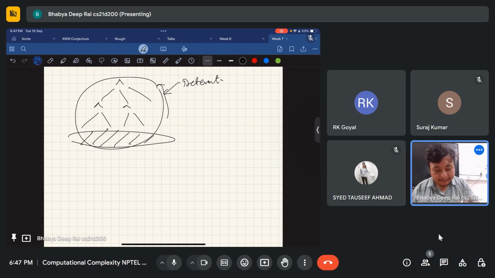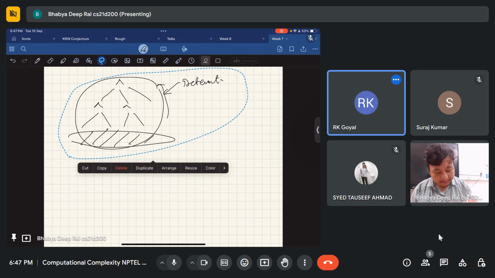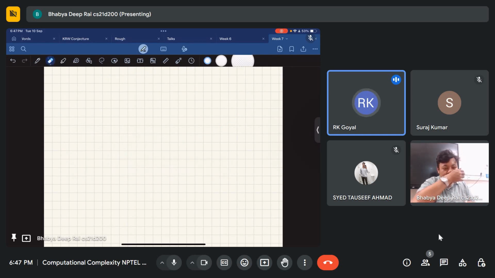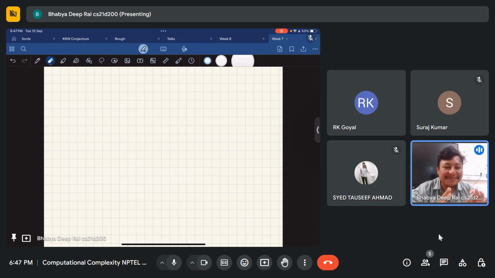Okay. Yes. But then I still could not understand how the circuitry is simulating non-determinism. The circuit is not simulating non-determinism. Remember, we are just taking a deterministic machine and translating it into another deterministic circuit.